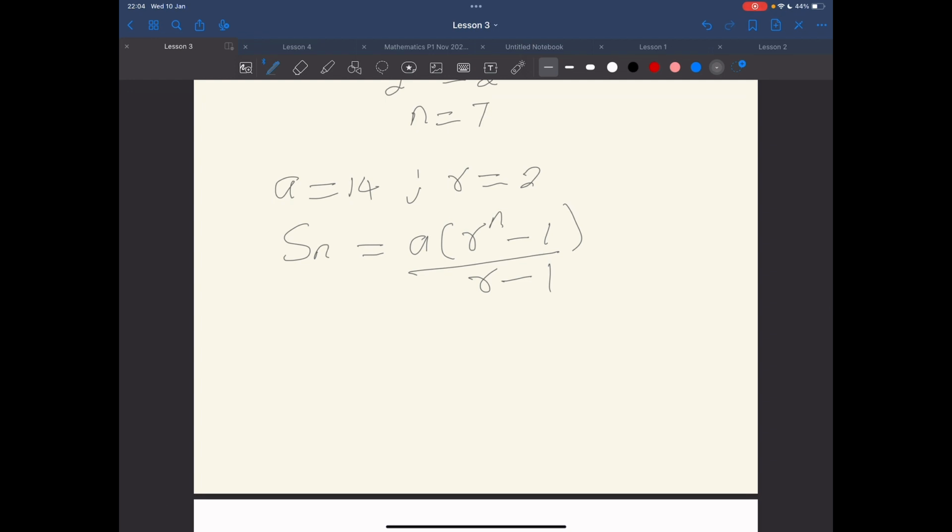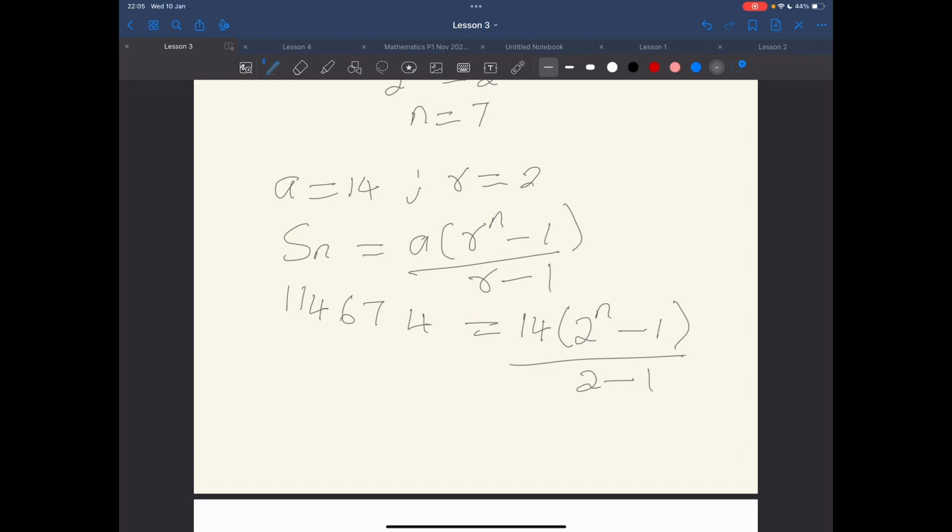The sum is 114,674. So this equals A, which is 14, times R, which is 2 to the power n minus 1, all over 2 minus 1.